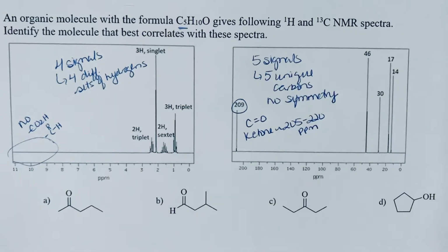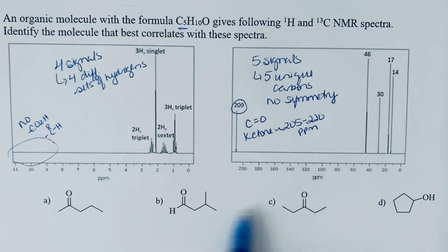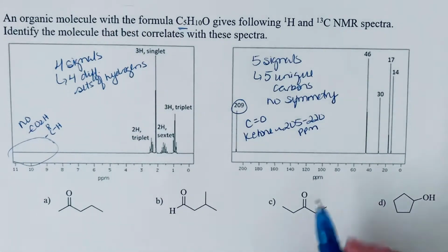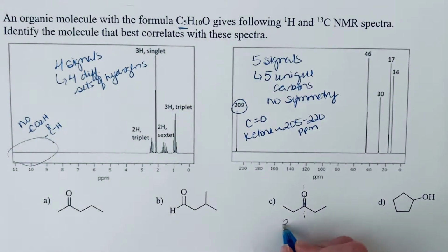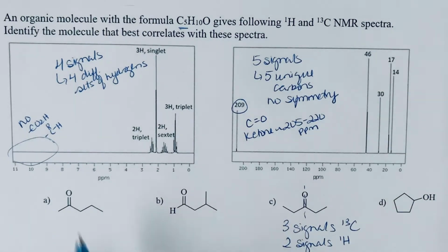So with that, I think we can very quickly look at our answers. We've only got 2 ketones. This one here, of course, is really symmetrical, right? If you had C, you would expect 3 signals in the carbon and only 2 signals in the proton. And that's definitely not what we're seeing. So it looks like we are definitely dealing with A.